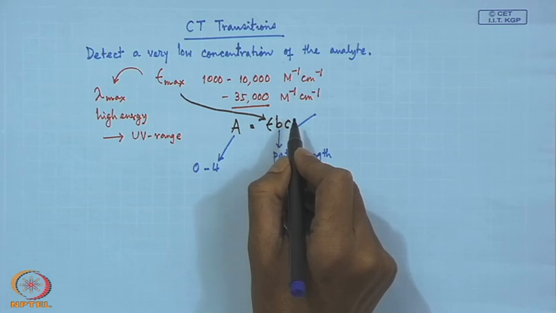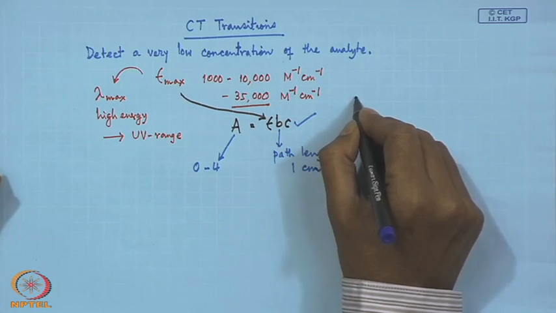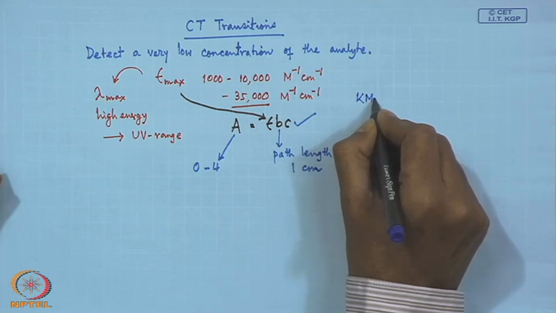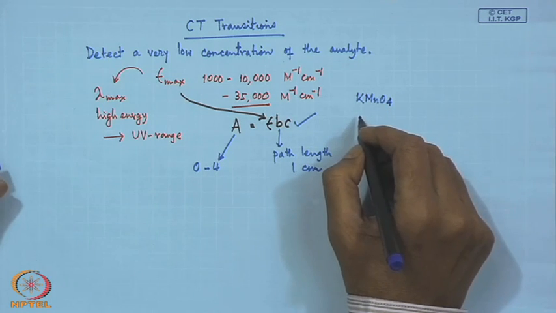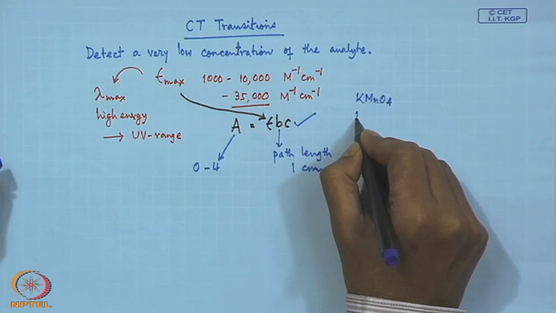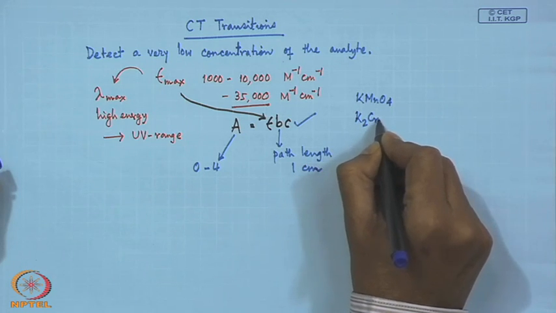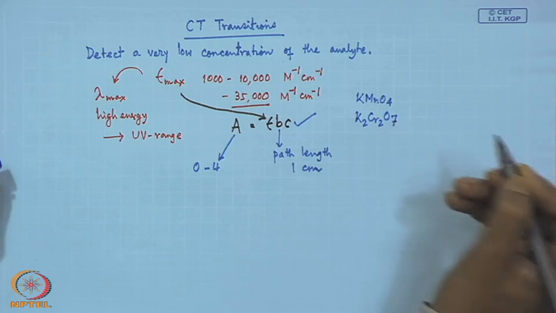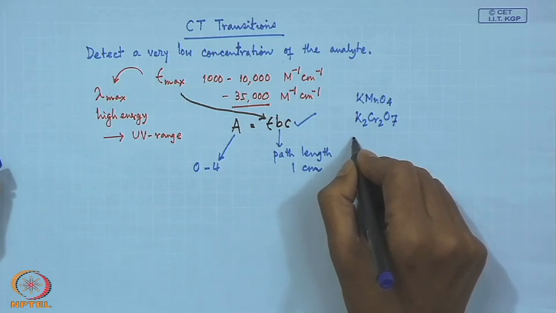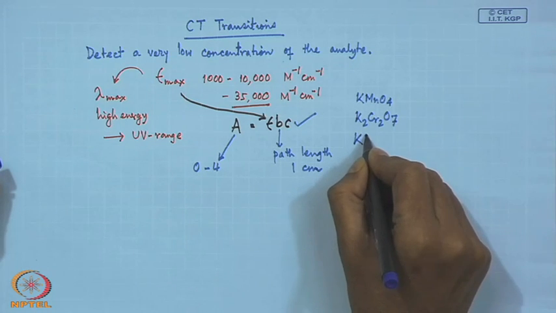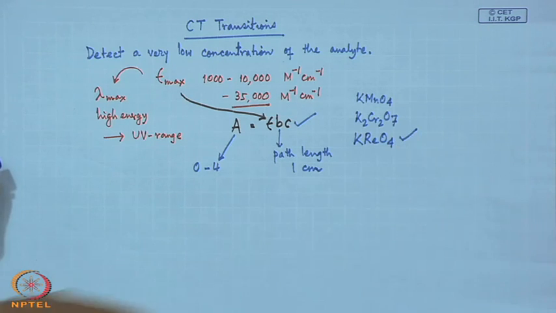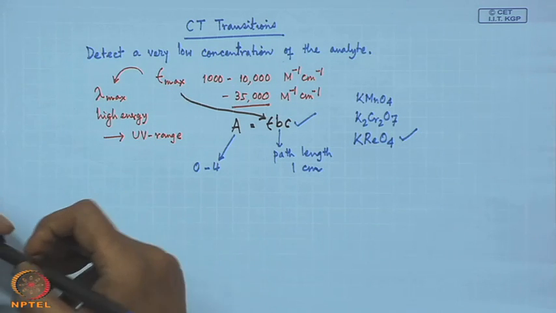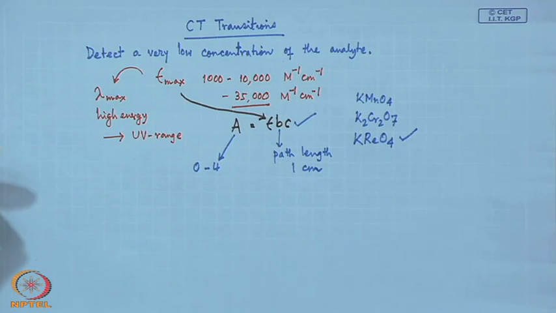That is why most analytical techniques, such as identifying an unknown concentration of KMnO4, identifying an unknown concentration of potassium dichromate, K2Cr2O7, or sometimes potassium perrhenate, which is not colored, can also be detected in the UV range.